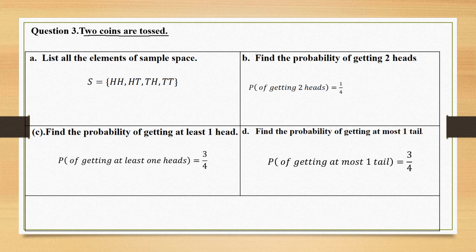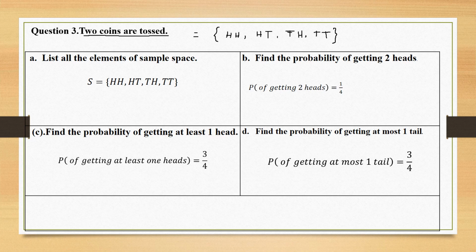In question number 1 we tossed one coin, but here when we toss two coins, the total possible outcomes are: possible that both will be head, possible that one will be head and one will be tail, possible that one will be tail and the second will be head, and the last one is tail and tail, both tail.